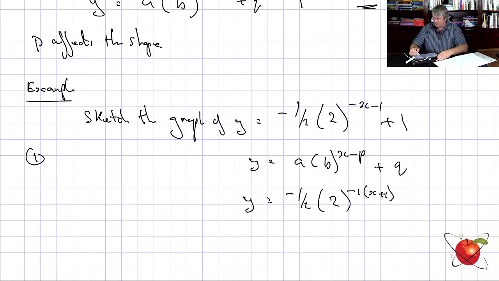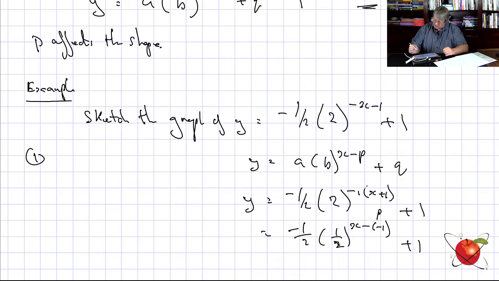I took a minus 1 out because I want an x in front. That gives me x plus 1, doesn't it? And plus 1 still. So now I bring that minus 1 into the bracket, and it becomes a half to the x, but hang on, x plus 1 is x minus minus 1, so my p is minus 1. Can you see? I hope so.